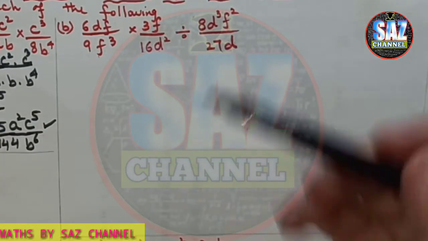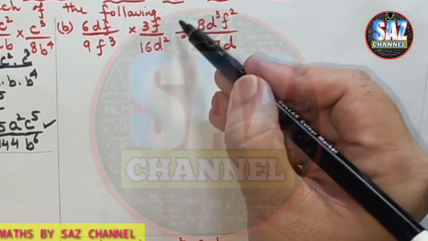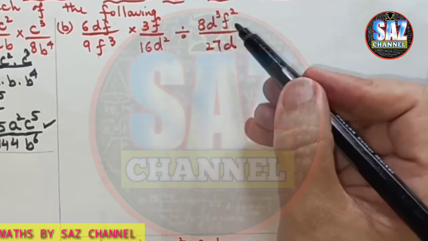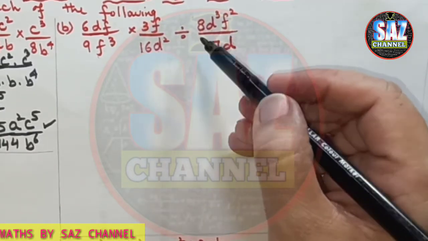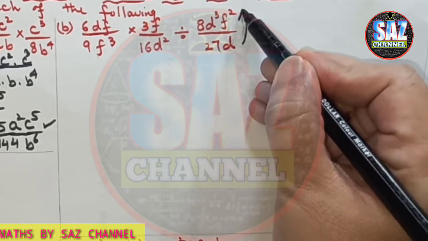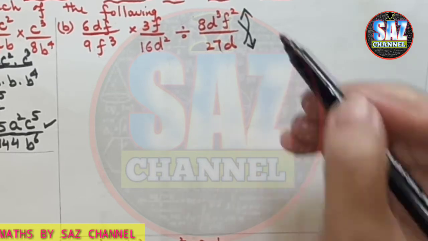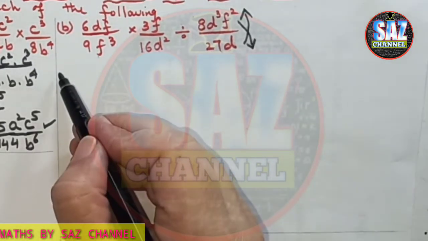Here we can see the question contains a division sign. So I have to change this division sign into a multiplication sign, and take the reciprocal of the fraction which is after the division sign, so the denominator becomes numerator and numerator becomes denominator.